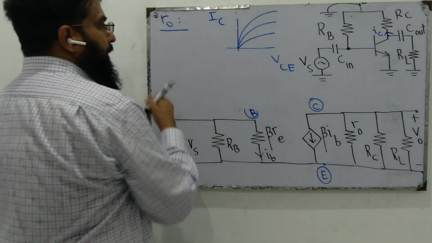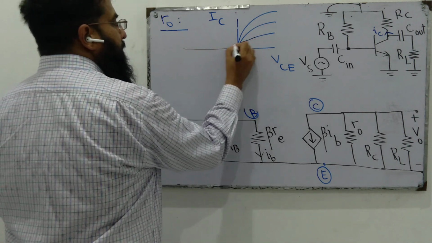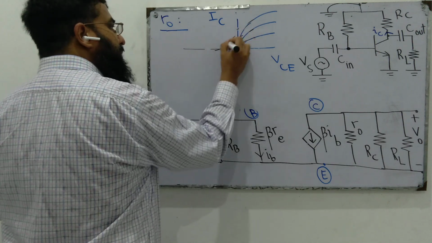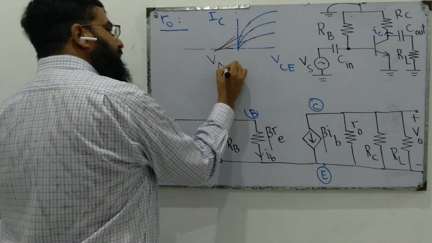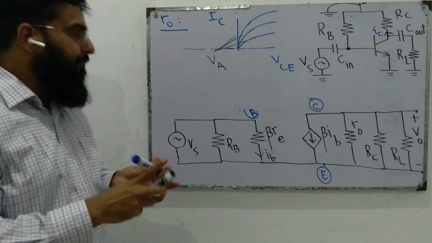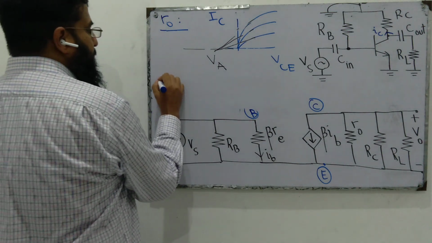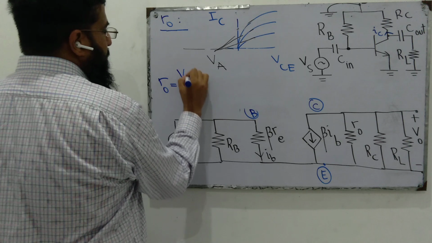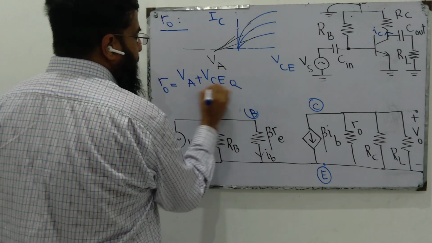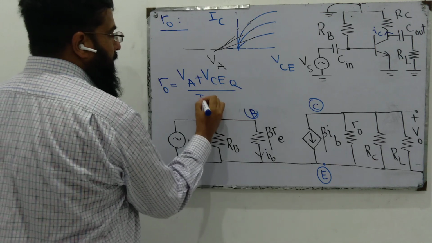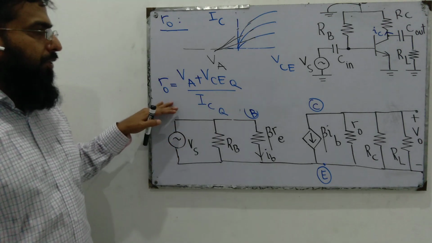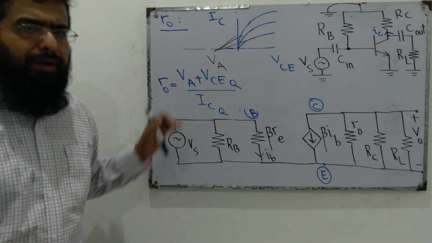If we extend these lines on the opposite side to the negative VCE, they all converge to a point, which we call the Early voltage, VA. R0 is VA plus the operating point VCE over the operating point IC. R0 is a very large resistor.